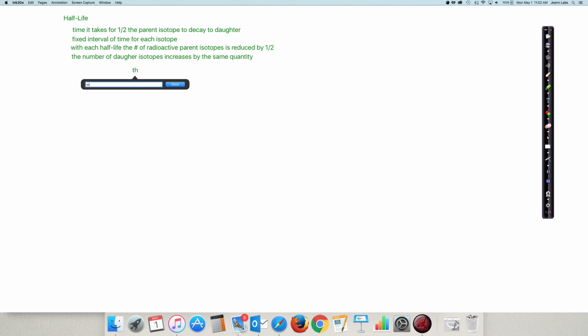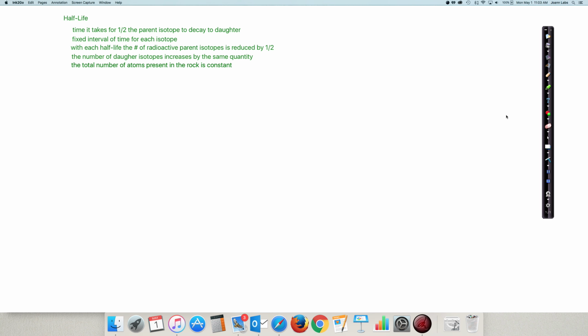So the total number of atoms present in the rock is constant. Therefore, if we start off with 100 parent isotopes, after one half-life, it's going to decrease down to 50, and we're going to end up with 50 daughter isotopes.